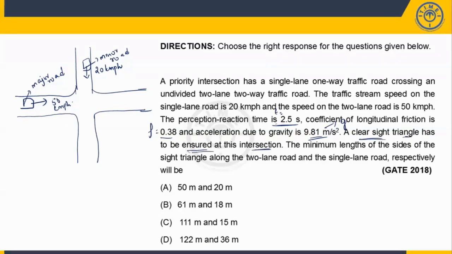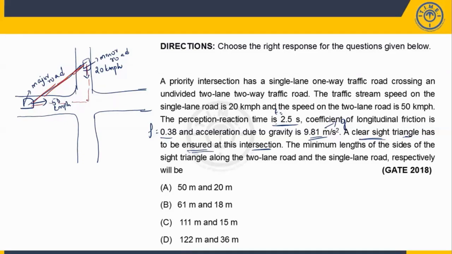That is, whenever there is a car or vehicle over here, it should see the vehicle at this point. So that should form a clear sight triangle.